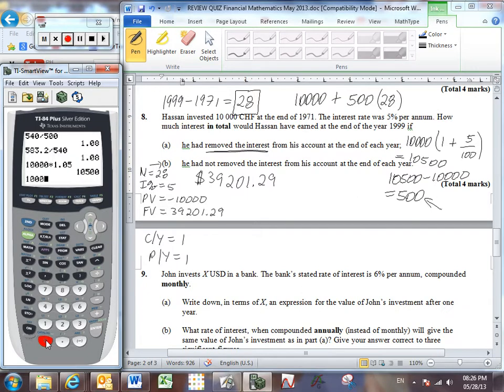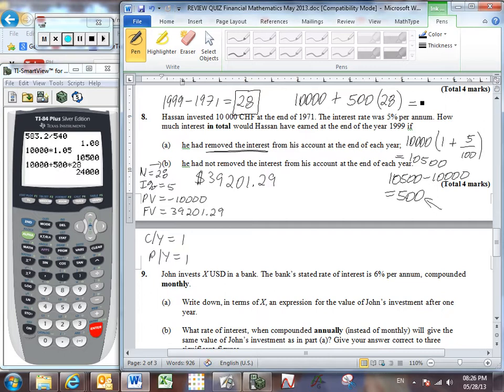So 10,000 plus 500 per year times the 28 years in which he's been earning it, and we end up finding part A, he's got a total of 24,000 Swiss francs. I shouldn't have put dollars here, should I? Should have been Swiss francs.